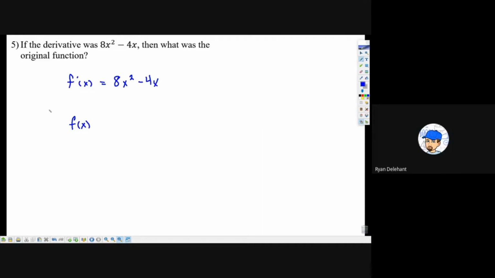So when we go this way, remember our rule was nx to the n minus 1. Well, if I want to go this way, I need to take my powers and add 1 to them, but whatever this number was in front also needs to be divided by the new n, the n plus 1.